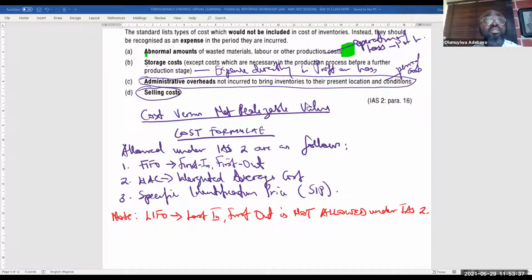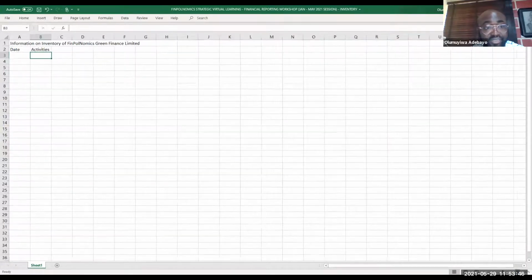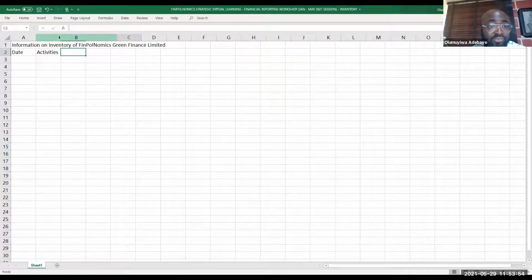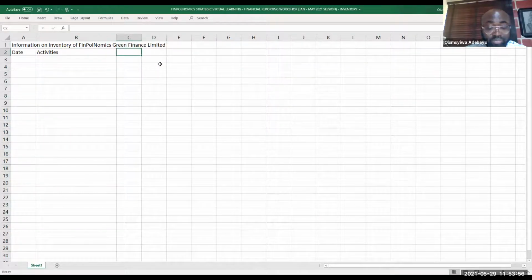Now let me use this illustration to demonstrate our understanding of this. Okay, information on inventory of Infonomics Green Finance Limited. I'll provide some information.